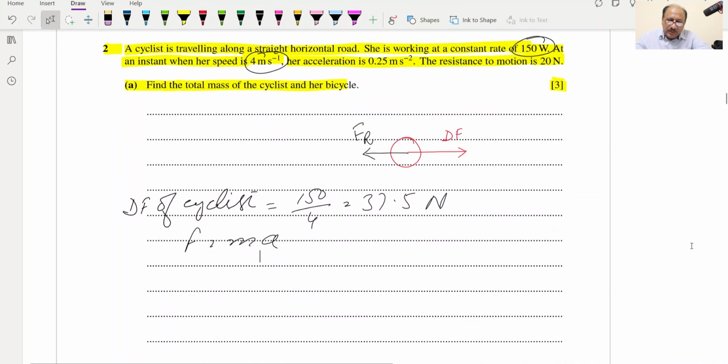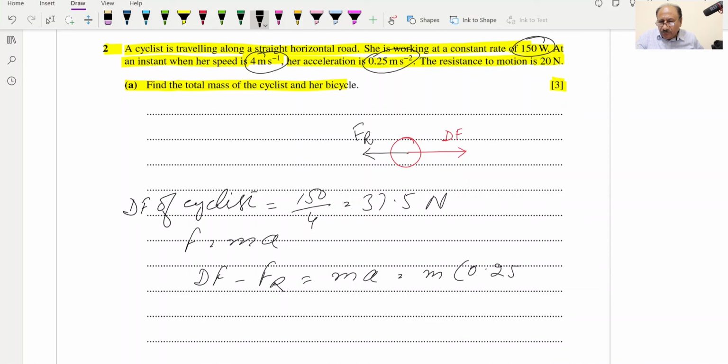Driving force minus the resisting force, this is a positive direction, and this one we can take as negative. So driving force minus resistive force will be equal to ma, which is mass into acceleration. Basically acceleration is provided 0.25, so we will write ma, which is equal to m into 0.25.